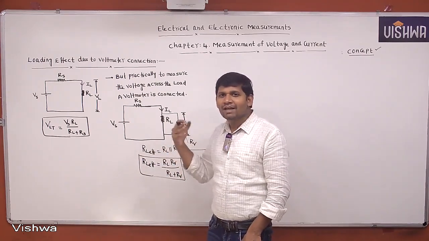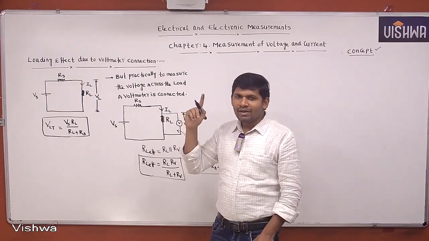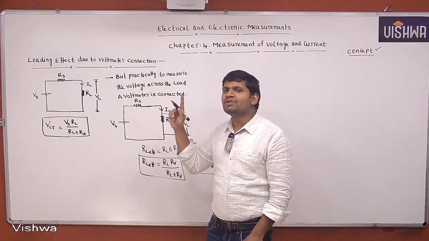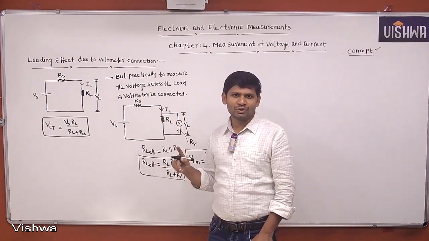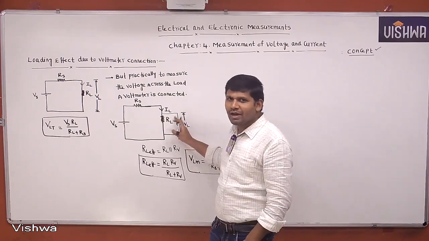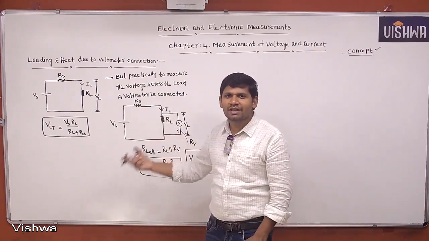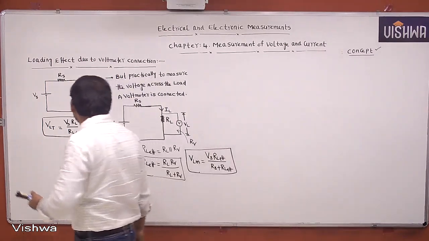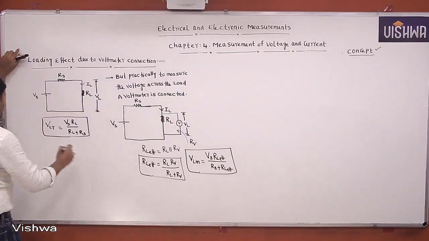This is what exactly loading error. I told you in the discussion of instrumental error that loading error is one of the examples of instrumental error. That loading error is because of the instrument only, because of the meter only, that's why it is an example of instrumental error. If voltmeter is connected, what is the loading effect? You write down this one.